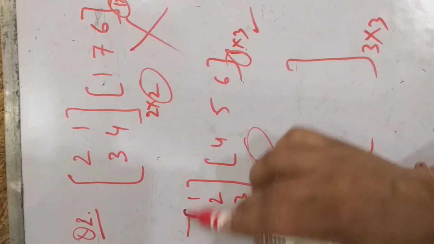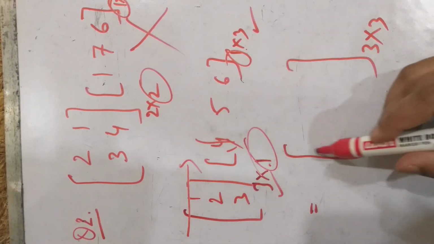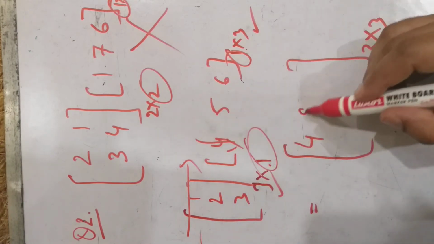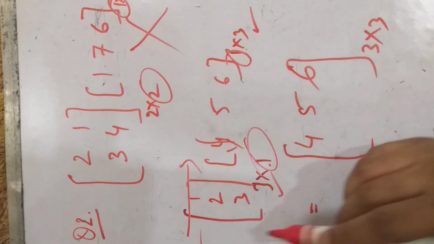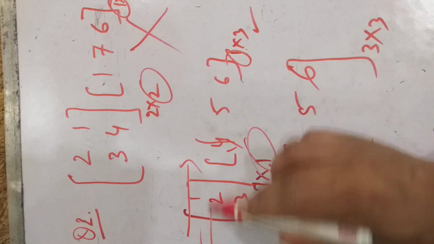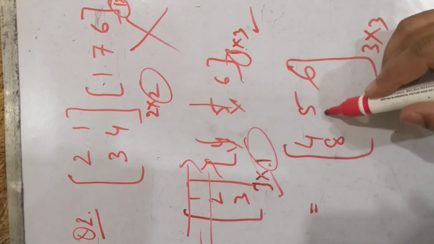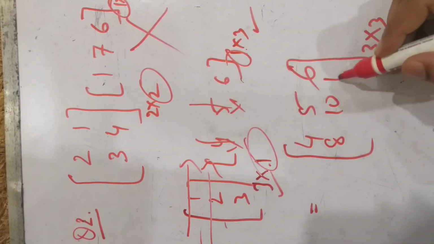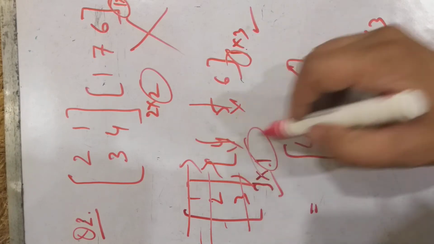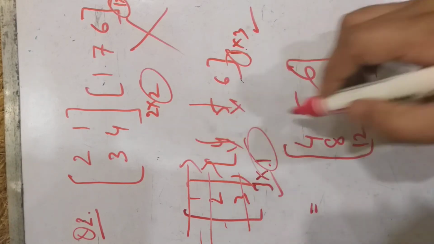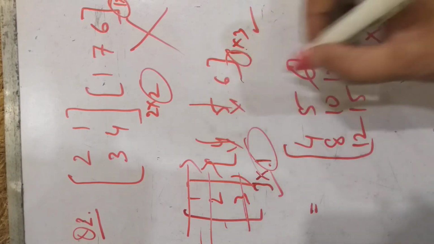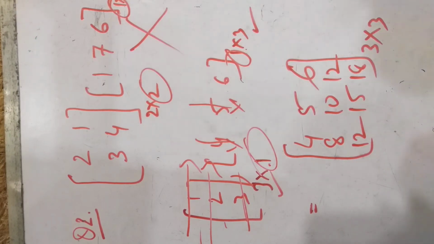And see what is the multiplication. 1 into 4, that is 4. 1 into 5, 1 into 6, 2 into 4, 2 into 5, 2 into 6, 3 into 4, 3 into 5, 15, 3 into 6, 18. So this is the answer for multiplication of any two matrices.